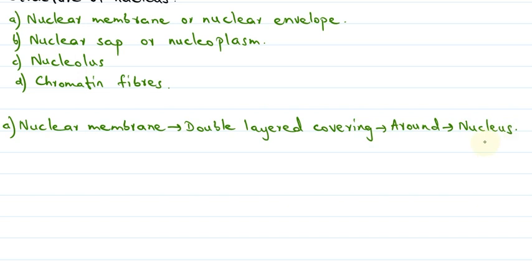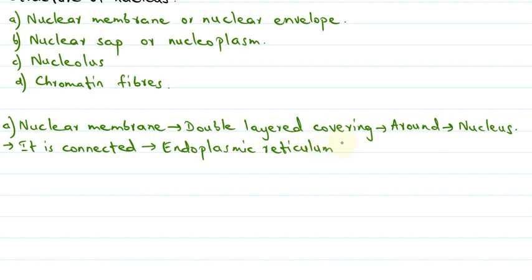Okay, so actually this nucleus is surrounded or covered by a two-layered or double-layered covering which is known as the nuclear membrane. Okay, and this nuclear membrane is connected to a system of membranes that is called the endoplasmic reticulum, or the ER.